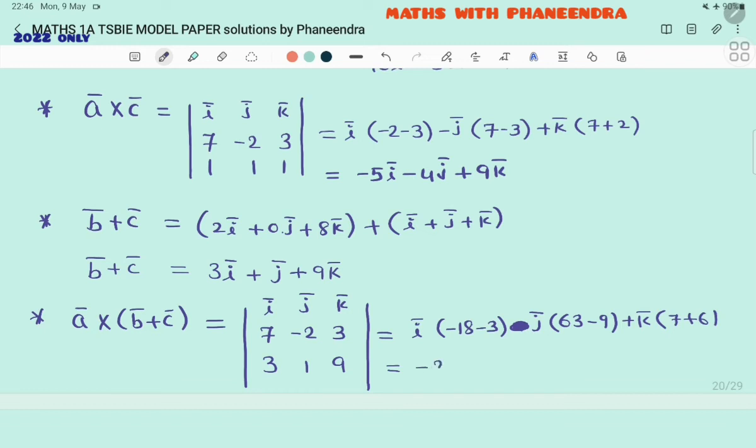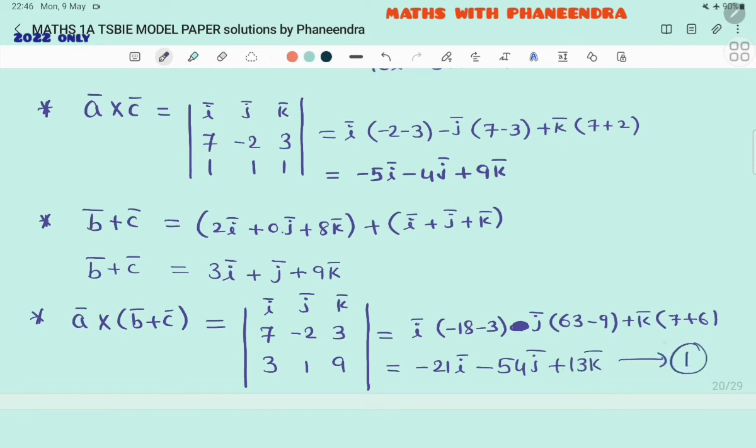Minus 21 into i. 63 minus 9, how much? 54. So minus 54j plus 13k.